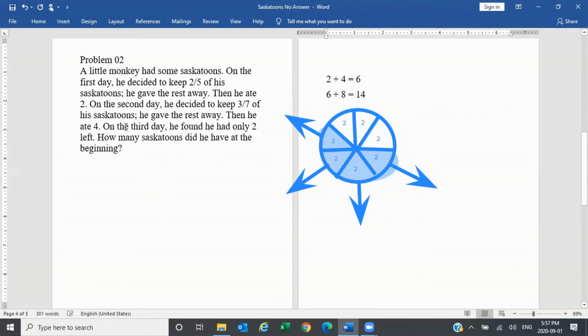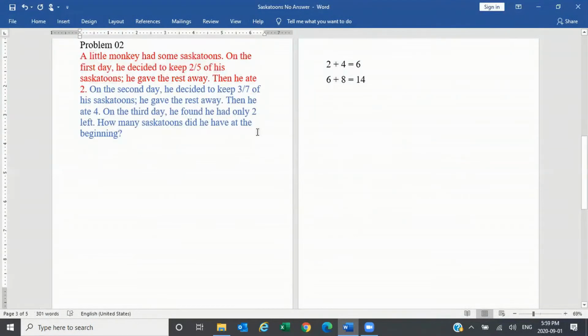These on here, the second half, because we did this part and now we're doing this part. And it said the little monkey had 2/5. It says he ate 2, so we're going to do 14 plus 2 because that's what he ate.